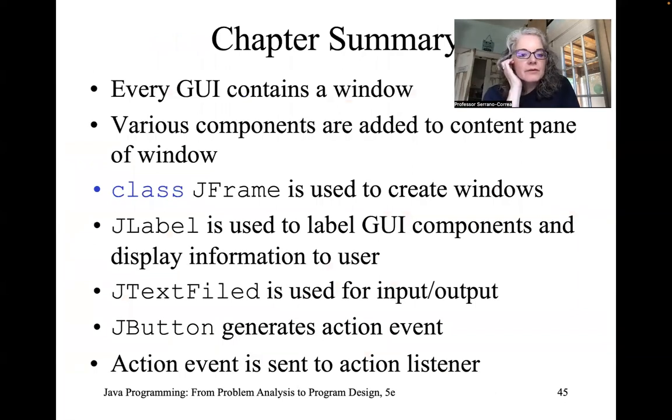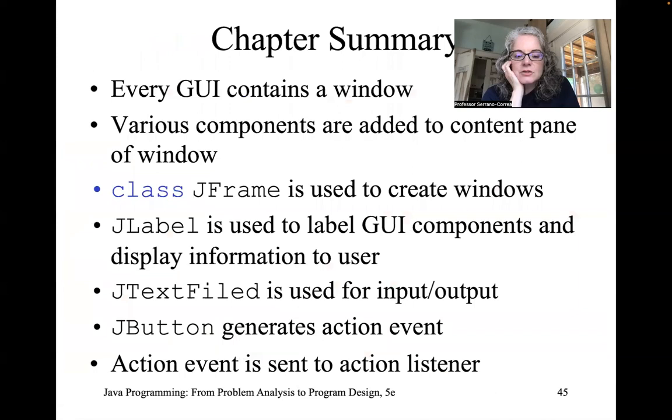All right, so just a chapter summary: every graphical user interface contains a window. Various components are added to the content pane of the window. So you have to have a pane, and then you add components like text boxes, labels, and buttons. The class JFrame is used to create a window.